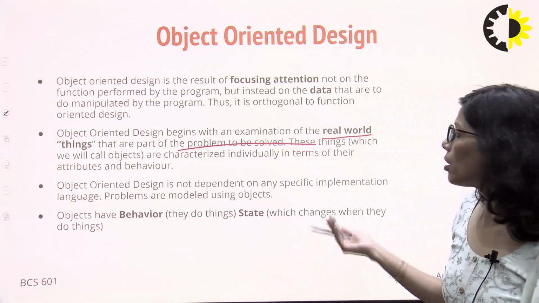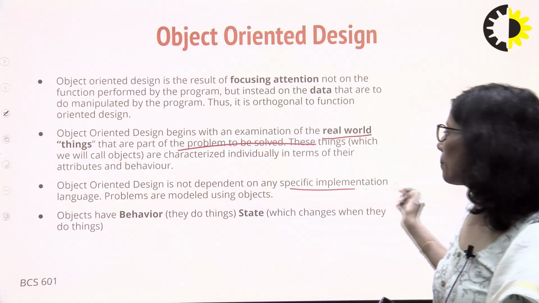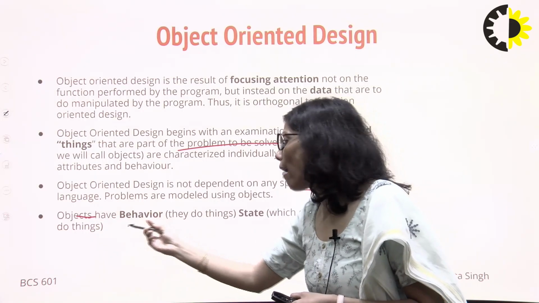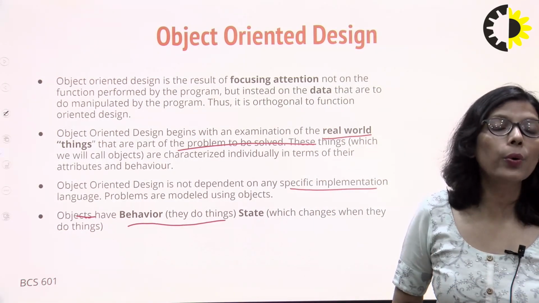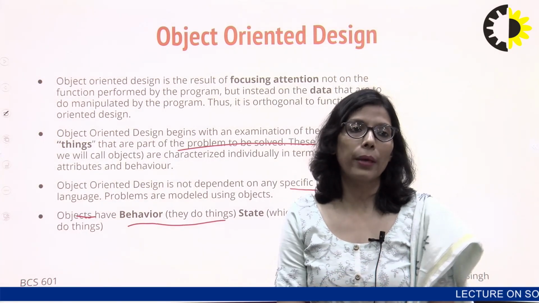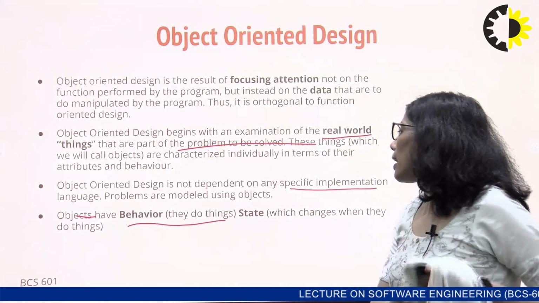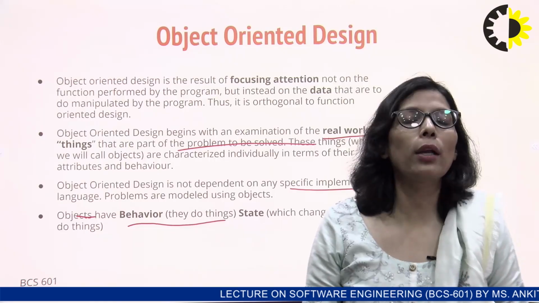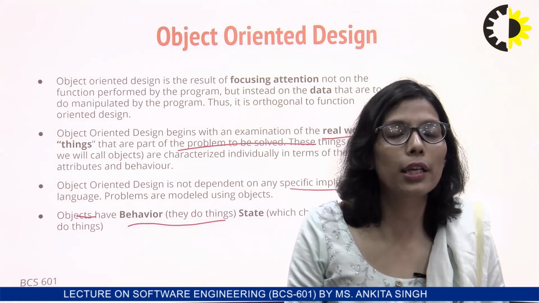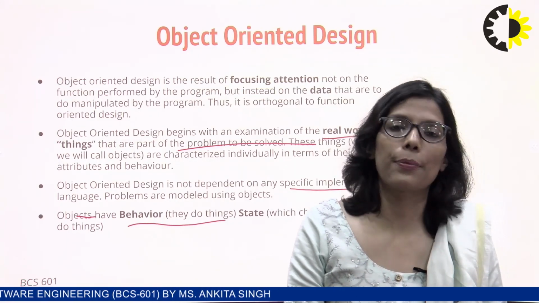Now, therefore, in an object-oriented design, it is not dependent on any specific implementation, rather it is dependent on the objects, which will have a behavior, that is what things they are going to do, and a state which changes when they do things. So, these are the behavior. Now, objects have behavior as well as state. With respect to object, we also have the features of polymorphism, encapsulation, data hiding, abstraction.